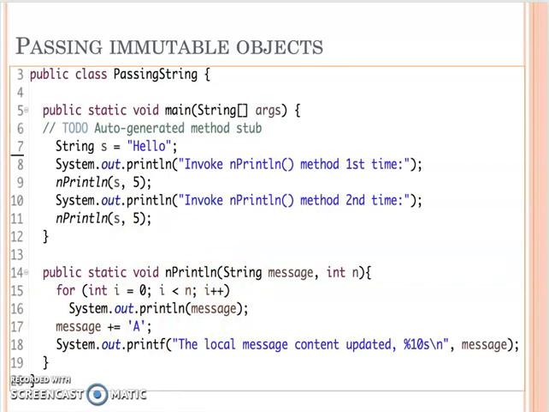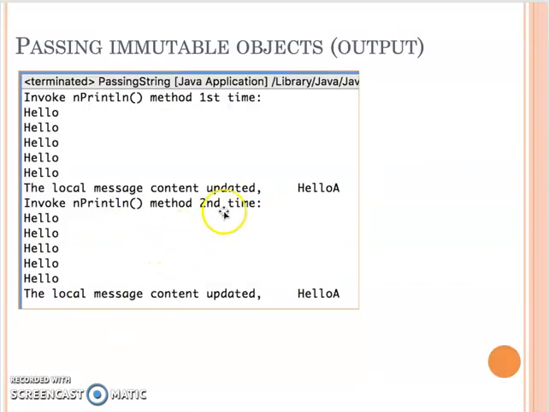That's why after you execute, the first time you have 5 hellos, and the local message content changed to hello A. But the second time it still displays the same thing, right? Your local message is being updated, but in the main method, the immutable string s wasn't touched. So that's the immutable object.